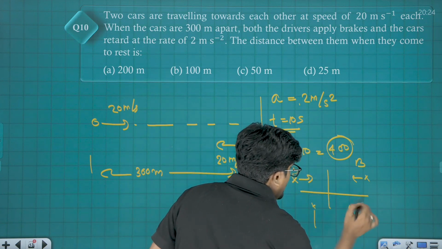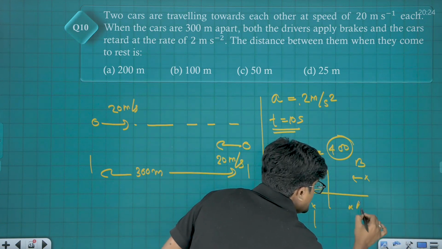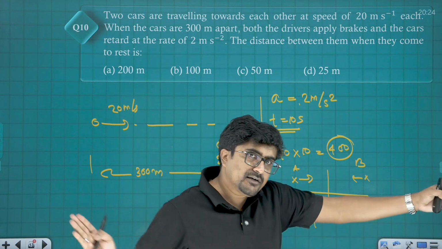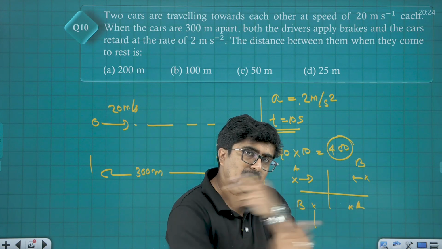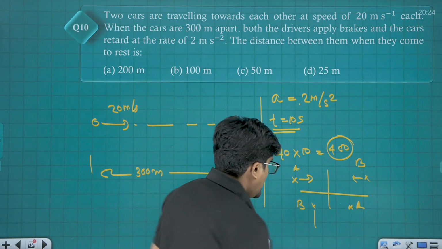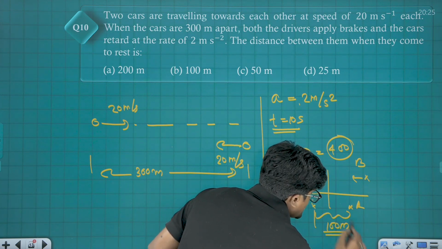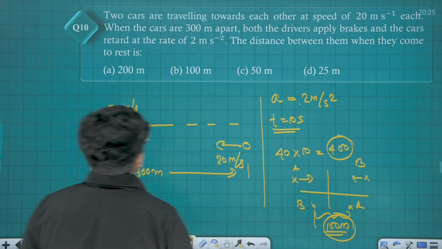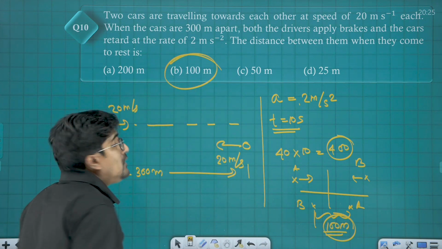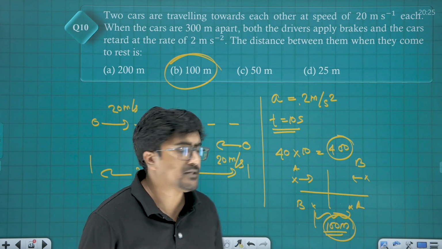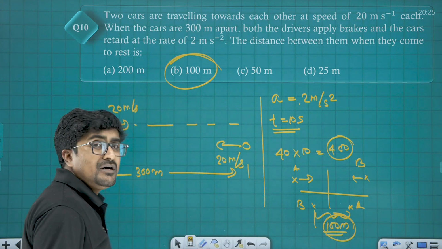It started with A. So after 10 seconds, here this is going to be A and here this is going to be B. Relatively they traveled a distance of 400. Initially the distance of separation was 300, that means this distance is 100 meters. So the distance of separation between them is going to be 100 meter, and option B needs to be the correct answer. This is the easiest method: go with the relative velocity part since both are having the same retardation.